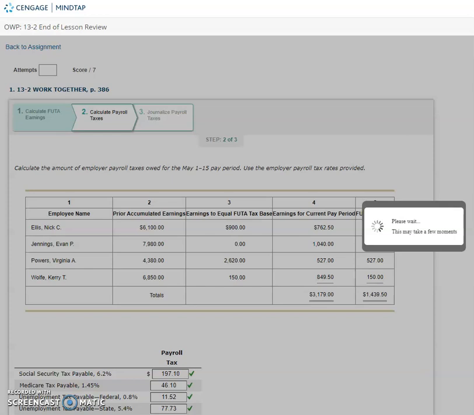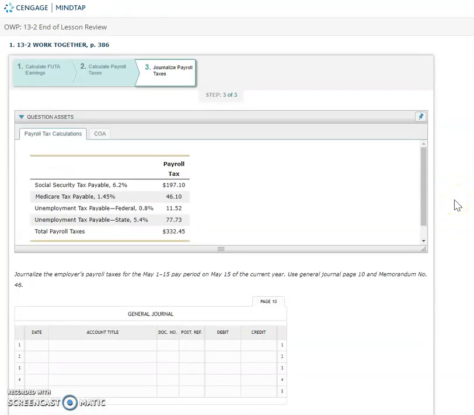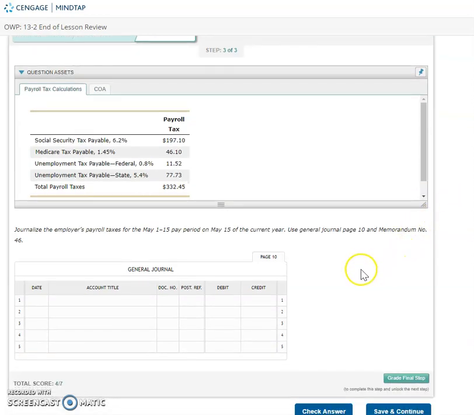Next step. My third step tells me I'm going to journalize the employer's payroll taxes for the May 1st through the 15th pay period on May 15th of the current year. Use General Journal page 10 and memorandum number 46. So the big thing that I want to point out here is we are not actually paying these taxes.